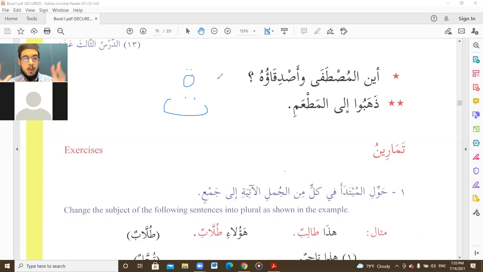Now, whereas previously lesson 12 was focusing all of our attention on gender, which for someone who only speaks English is new, other languages not so much. Lesson 13 is now focusing in on plural, or what we say in grammar as number, right? And we talked about the main types of plural.